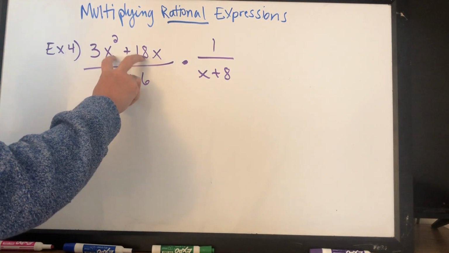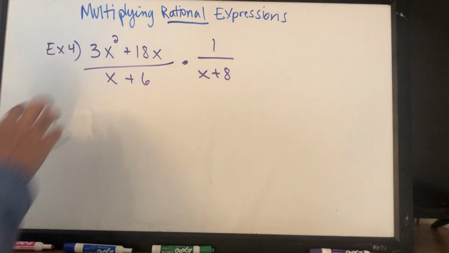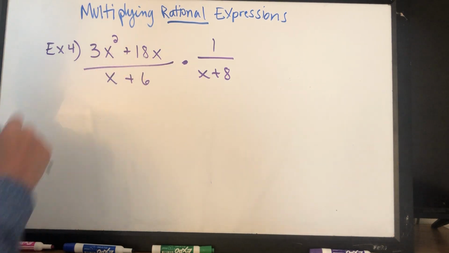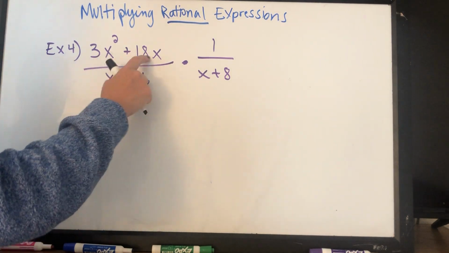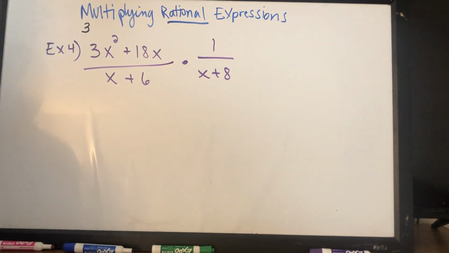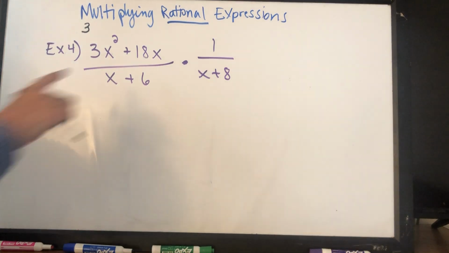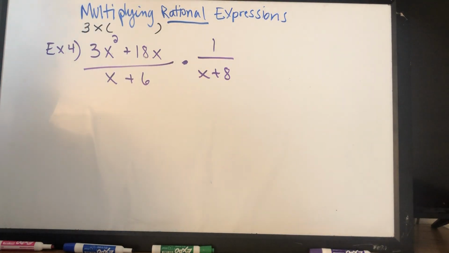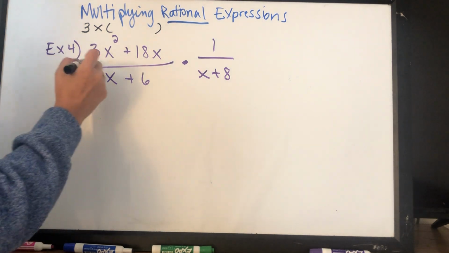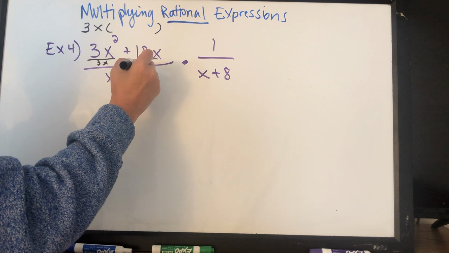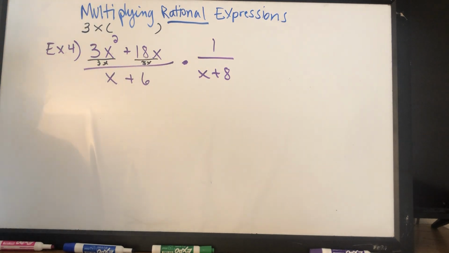So if you guys look at this, this is a GCF one. What number can come out of a 3 and an 18? Anybody? Good. I heard someone in the back. 3. What else can come out? Just an x. Good. Now, some of you got to do what works for you. Some of you will do good to put a 3x under there and just kind of see what's left. Do what you need to do.